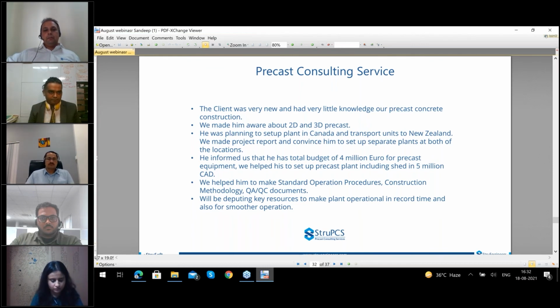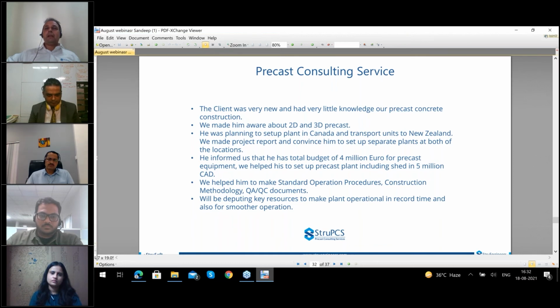He told us in advance that he had limited funds available, around 4 million euro as budget. But after a lot of discussion with different vendors, we negotiated on his behalf, and we were able to get his precast plant as per his requirement and production in 5 million Canadian dollars, which is equivalent to 4 million euro.